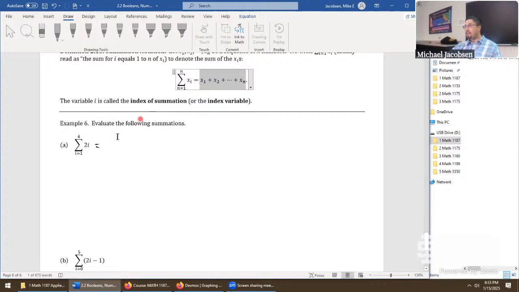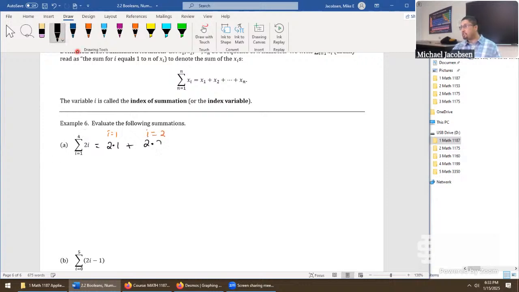Think of xi as being the 2i, or x1 as being the 2 times 1 right here. So we'll get 2 times 1 plus, after we do that, well, the index was i equals 1 to get the first term of the sum. Then we increment the index by 1 integer, keep on incrementing until we get up to 4, where we end the process. So this will be for i equals 2.